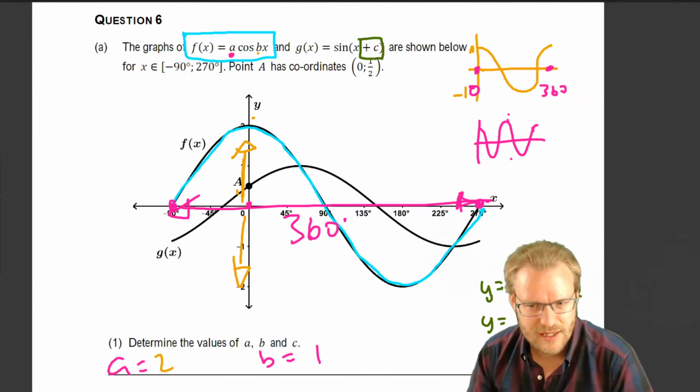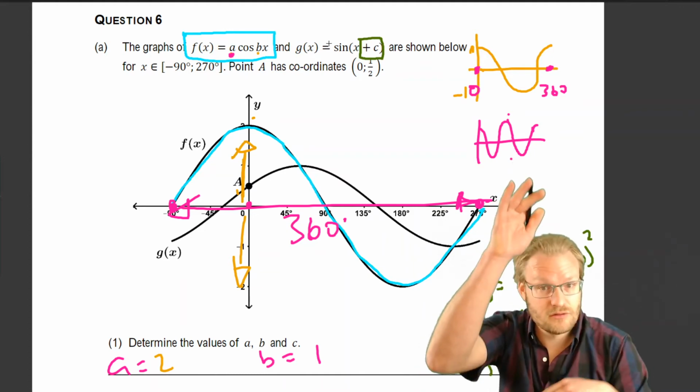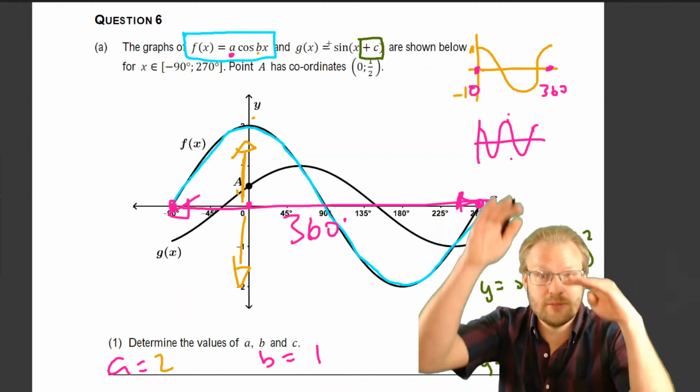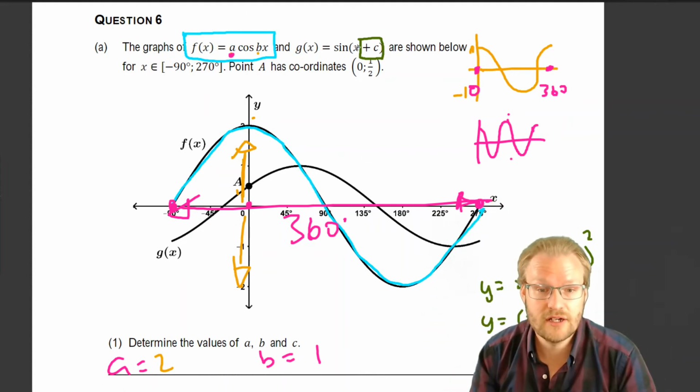Remember, it was like x minus p squared. Same idea here. It's going to move it left and right. Hasn't been stretched. Hasn't been translated up or down. Hasn't changed the period.